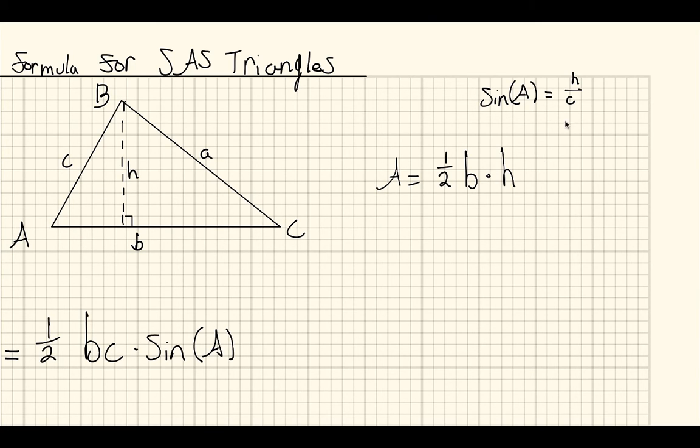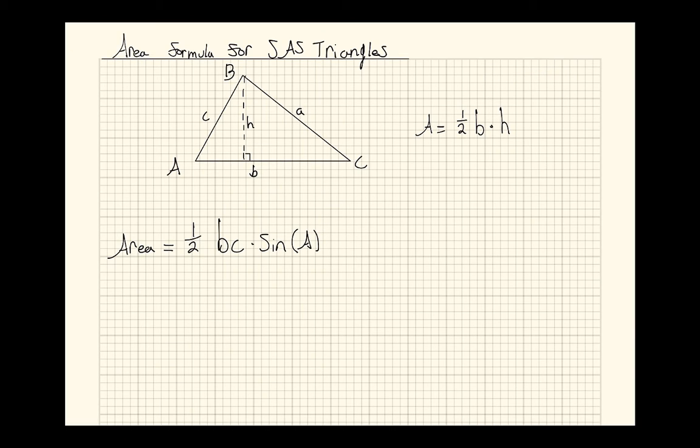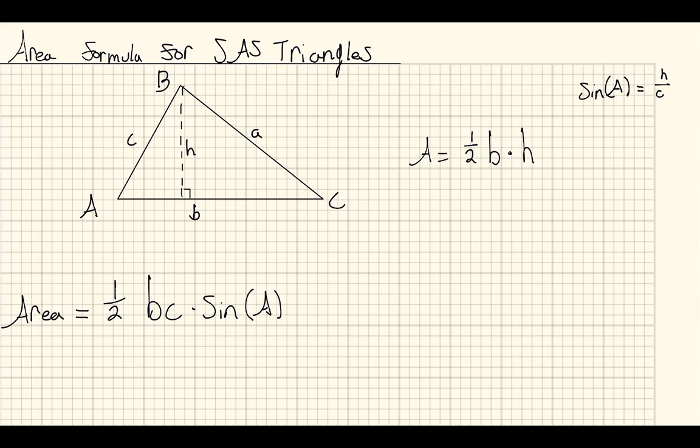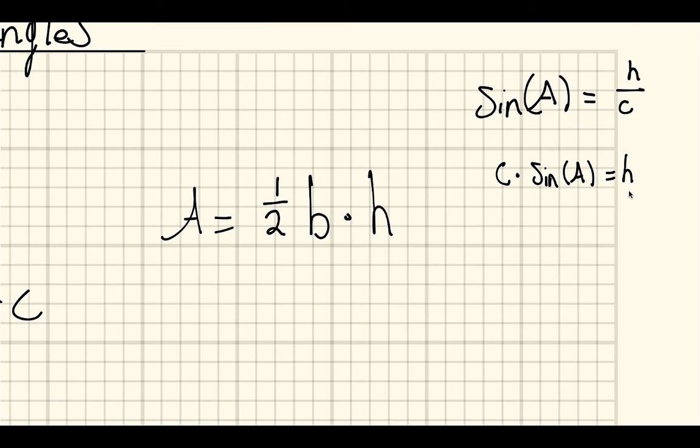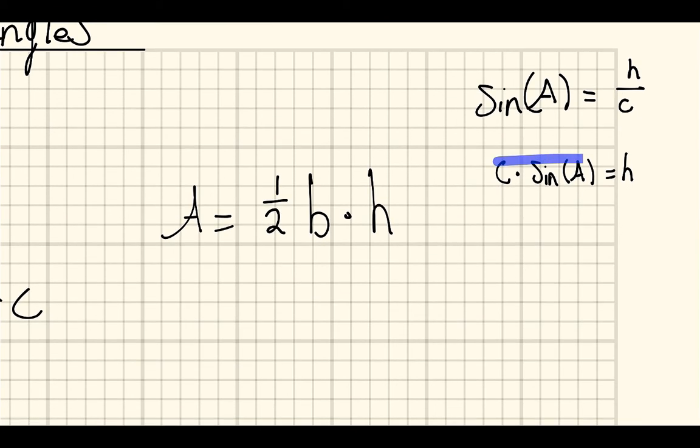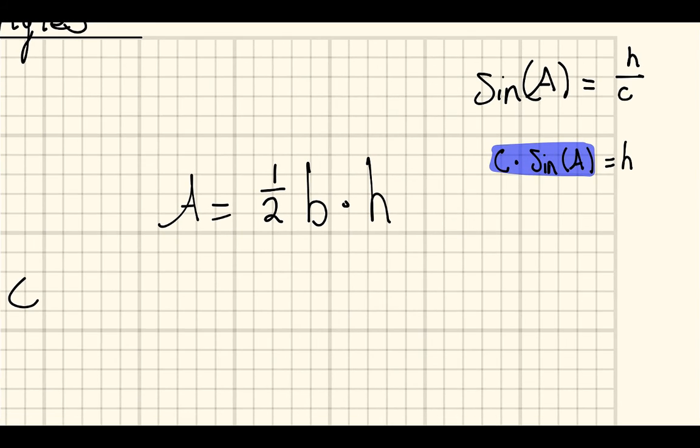Now it's kind of cool, if we multiply both sides of this equation by C, you should have C times the sine of A equal to H. Now in our original equation, you guys recognize this one, 1/2 base times height, we can take C times sine A, and since that is equal to the height, C sine A goes in for H in my original equation and gets substituted in.